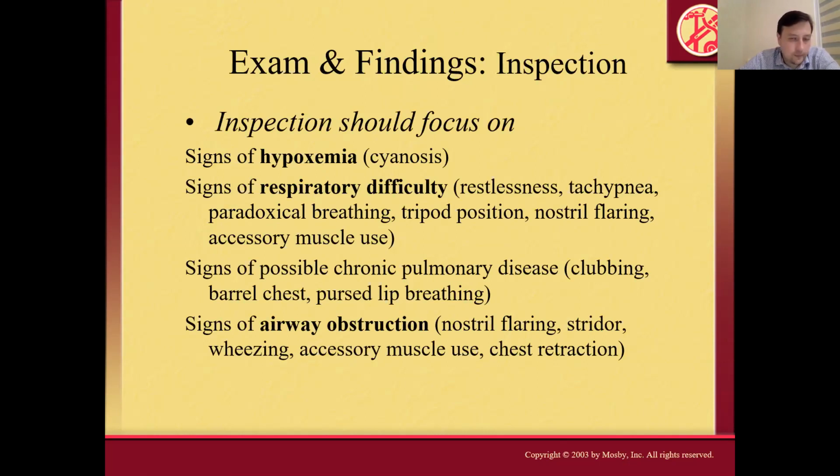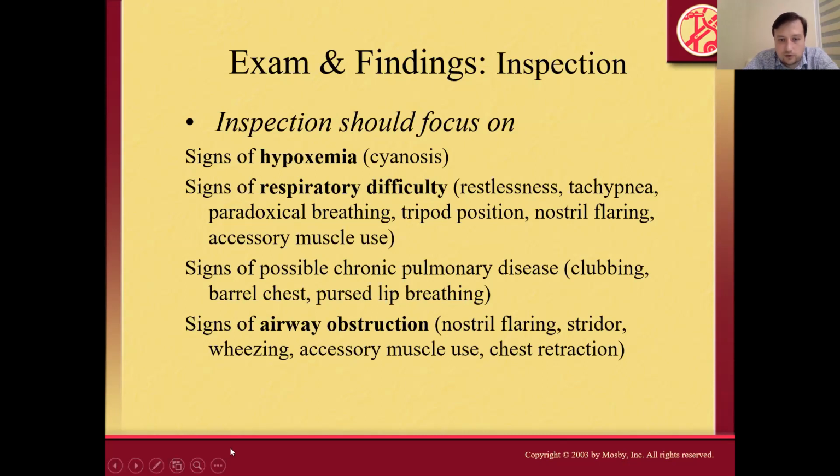Let's go ahead. So again, inspection. We continue our inspection. Inspection should focus on signs of hypoxemia. We can find cyanotic skin, signs of respiratory difficulty: restlessness, tachypnea, paradoxical breathing, nostril flaring, accessory muscle use.